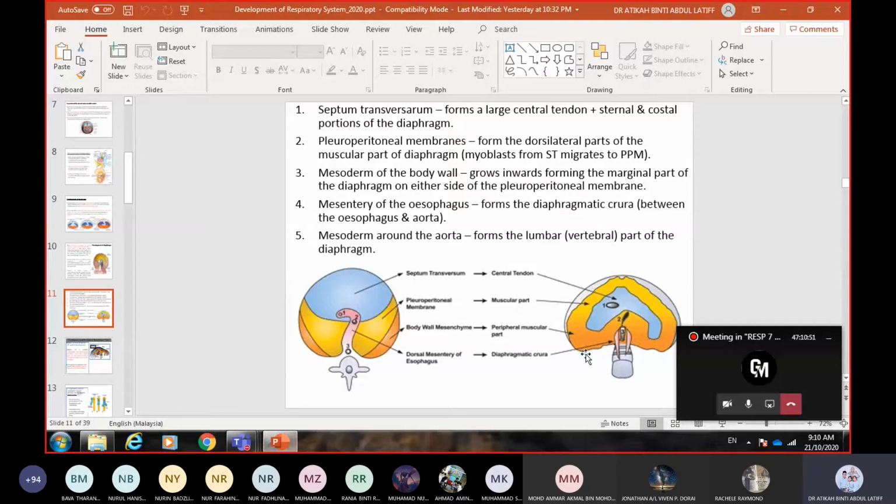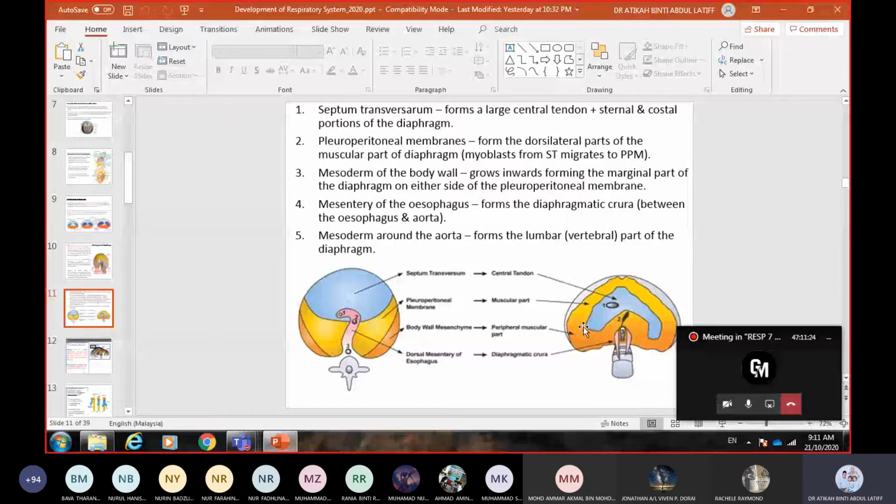They will just grow inwards and form the structures. From the septum transversum, it will finally form a central tendon; the pleuroperitoneal membrane forms the muscular part here; the body wall mesenchyme forms the peripheral muscular part; and the dorsal mesentery of the esophagus will form the crura here.